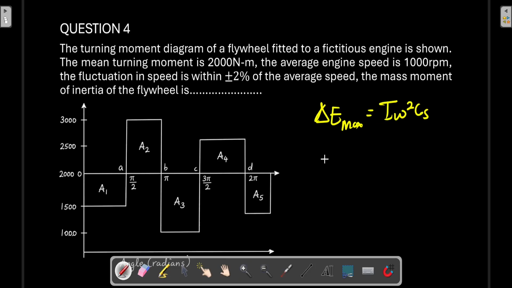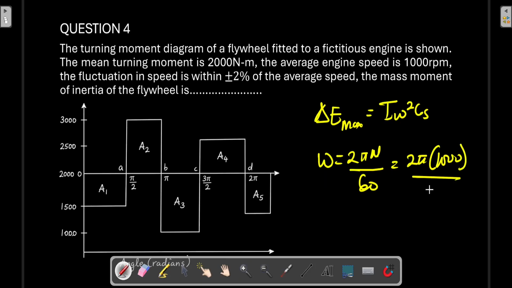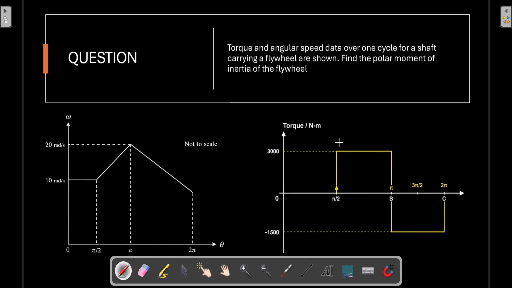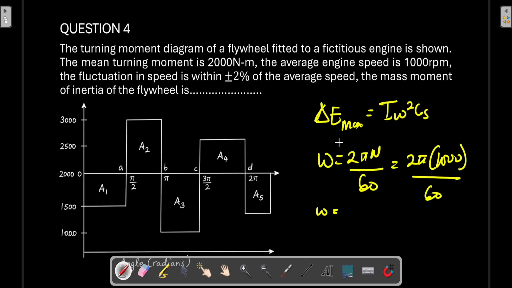Now I think we have the mean speed in RPM, so we can find it in radian per second, and that is 2 pi n divided by 60. So 2 pi multiplied by 1000 divided by 60, and what do we get? Let me punch it on the calculator.